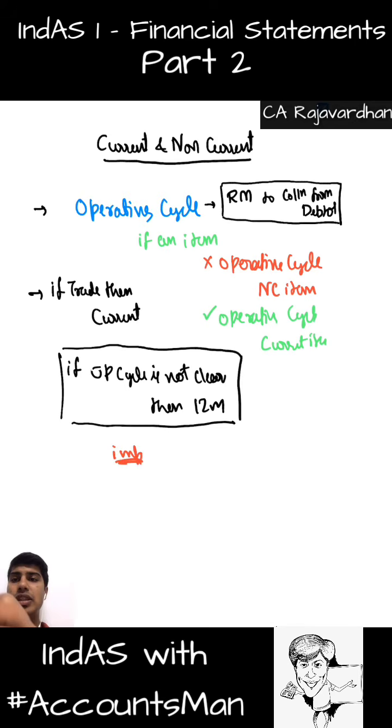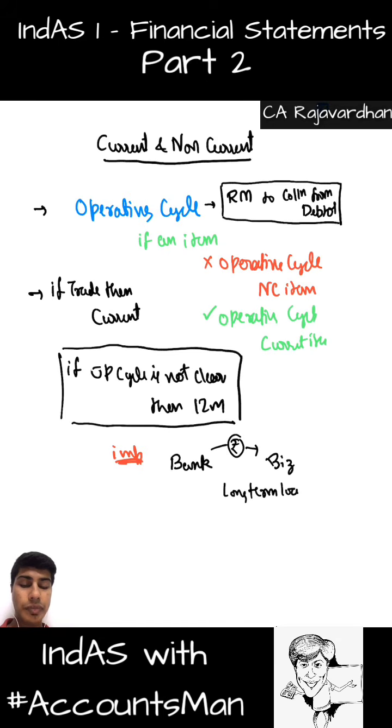So this happens with respect to this particular case. Assume that there is a bank and there is a business, and the business has borrowed money from the bank, and this money is a long term loan. With respect to this long term loan, it is given on certain conditions, and you fail to fulfill this condition.